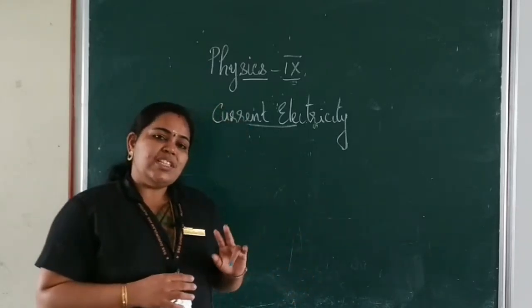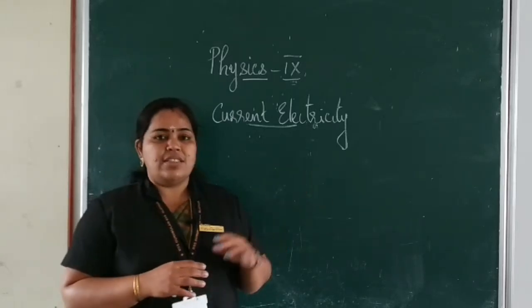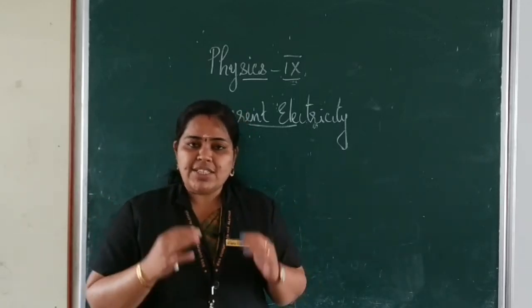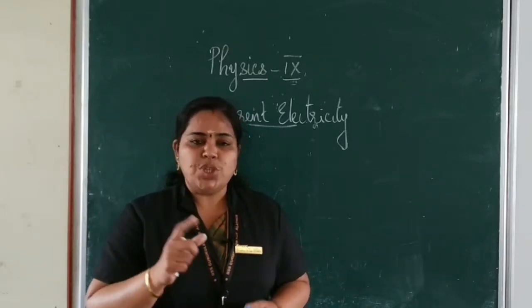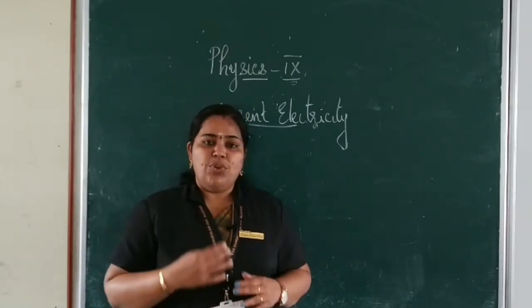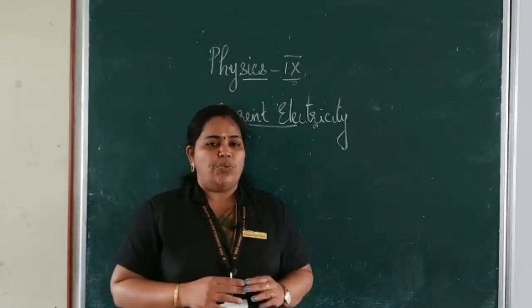So what is the difference between the flow of current in the first and the second situation? In the first situation, that is in the case of an electroscope, the flow of charges takes place for a short interval of time. Whereas in this circuit, the flow of charges takes place continuously until we switch off the circuit.